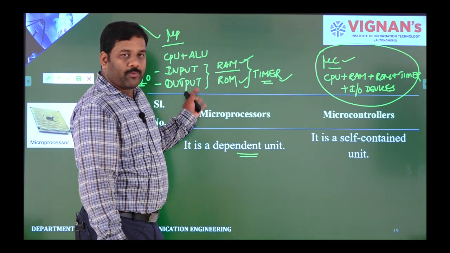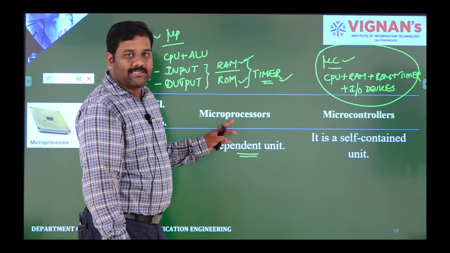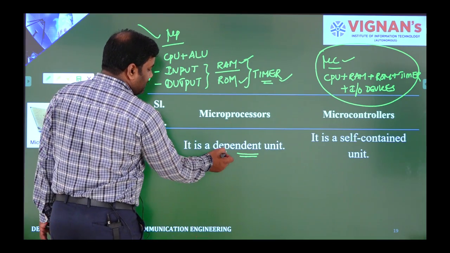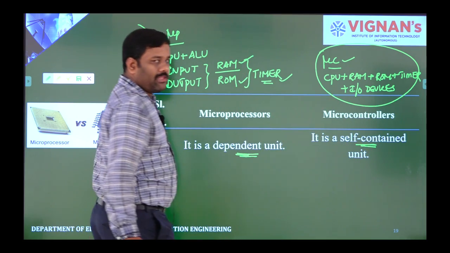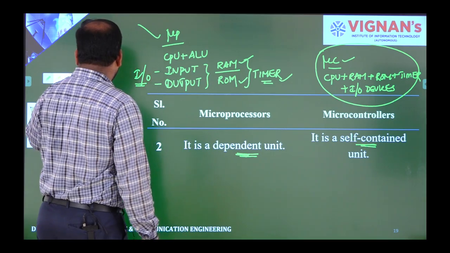While microprocessors do not have any such elements, it is always a dependent unit. A microcontroller is a self-contained unit. It already has all the parts inside the controller.